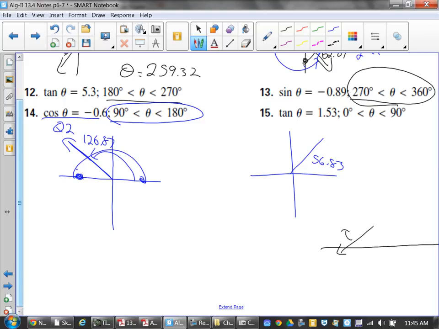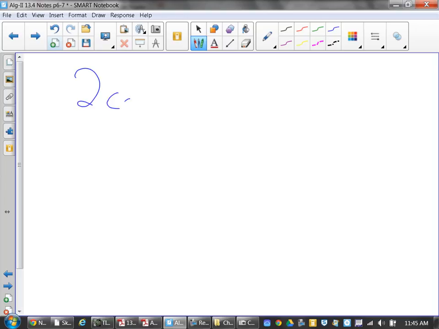Now, what this is going to allow us to do as we continue is the next little bit, when it gets into an equation. This is where calculators go away completely again, because these answers are all going to be based off of our triangle.